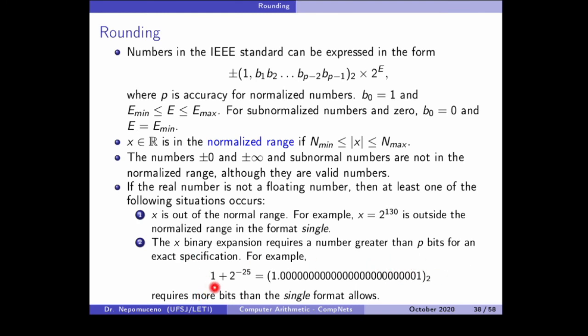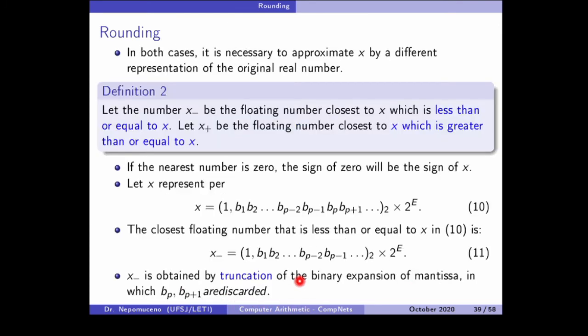So for example, if we are going to represent 1 plus 2 to minus 25, as you can see here, it's going to be necessary more digital places to represent in a single format, so it's not possible. This requires more bits than the single format allows.